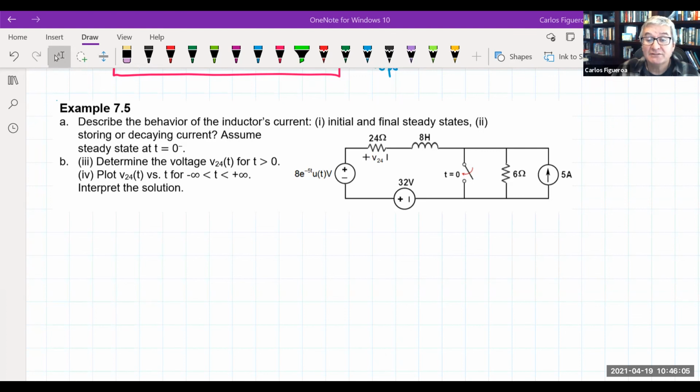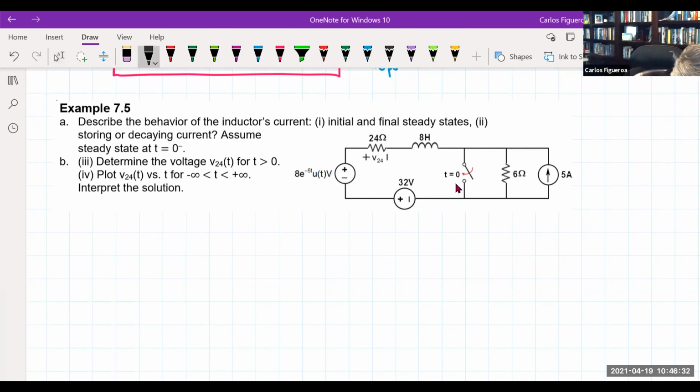Well, the first thing that I see is source transformations. If I look at source transformations, we have to be careful about what the switch does. So right now you're seeing two things here. The first thing I want you to realize is that the exponential source doesn't turn on until t equal to 0.